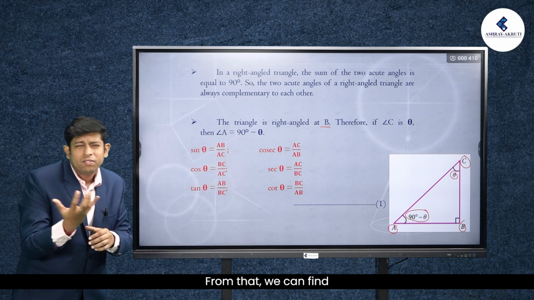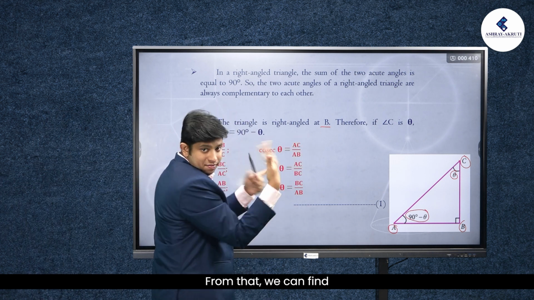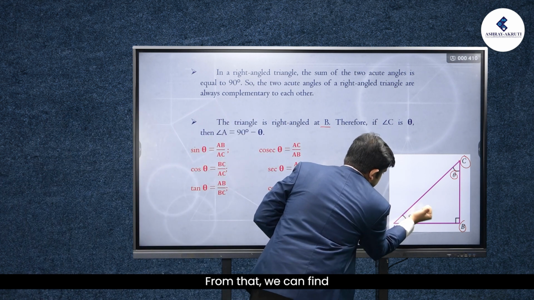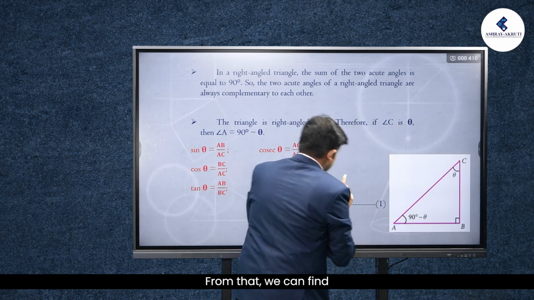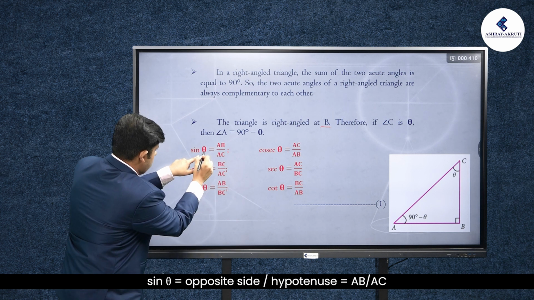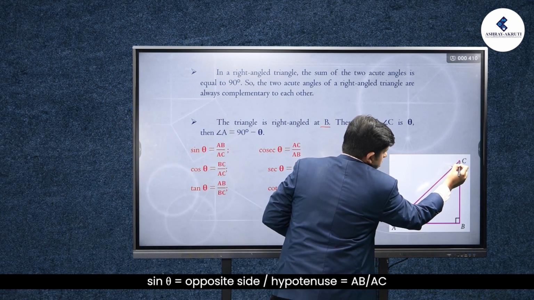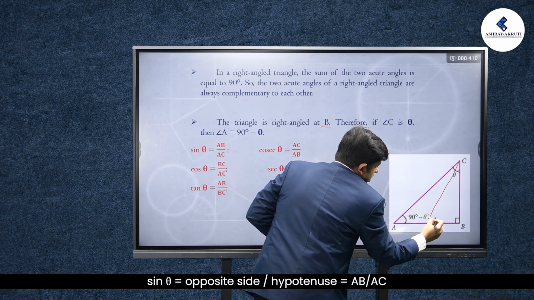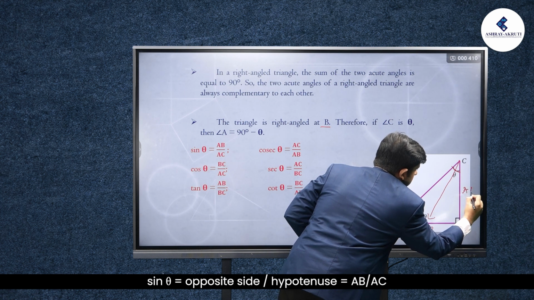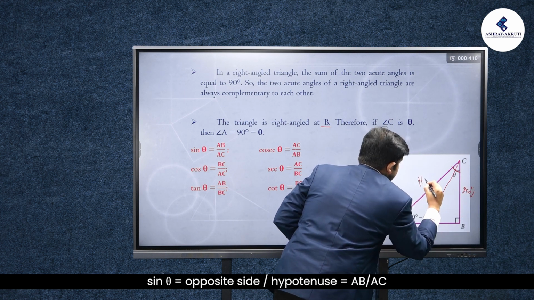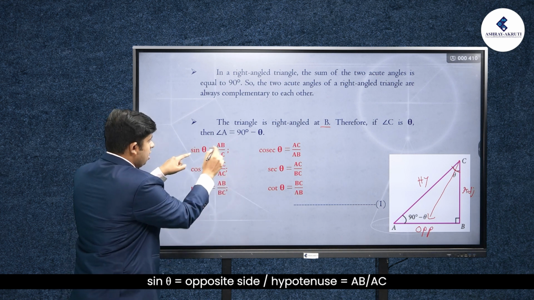From that, we can find sin theta is equal to opposite side by hypotenuse. That is equal to AB by AC.